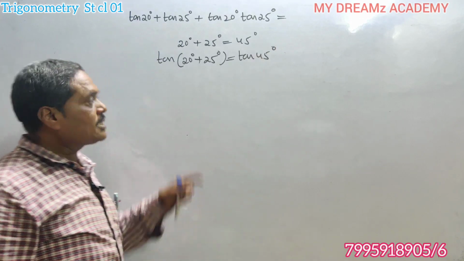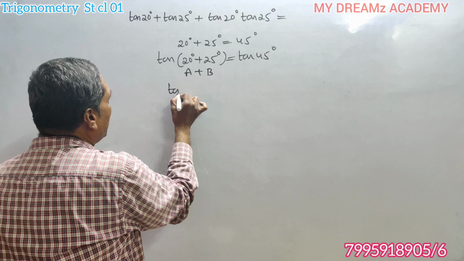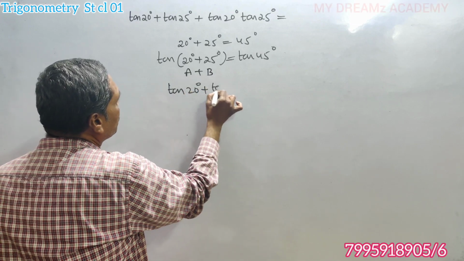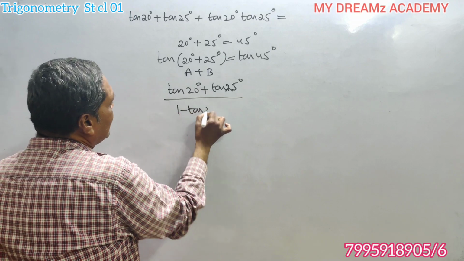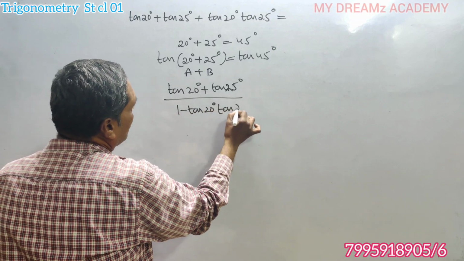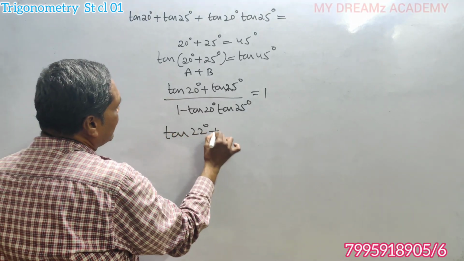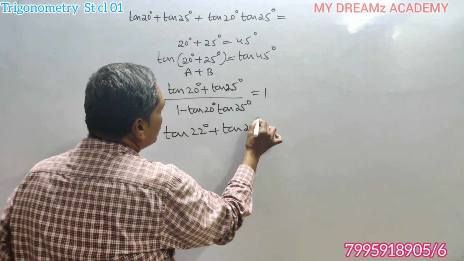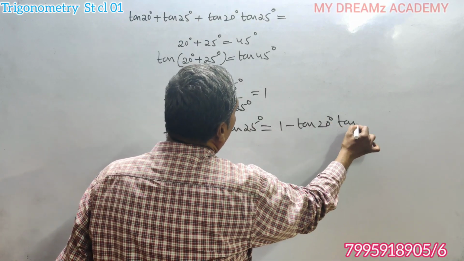See guys, this is the method. Apply the A plus B formula: (tan A plus tan B) by (1 minus tan A tan B) is equal to tan 45, which is 1. Cross multiplication: tan 20 plus tan 25 is equal to 1 minus tan 20 into tan 25.